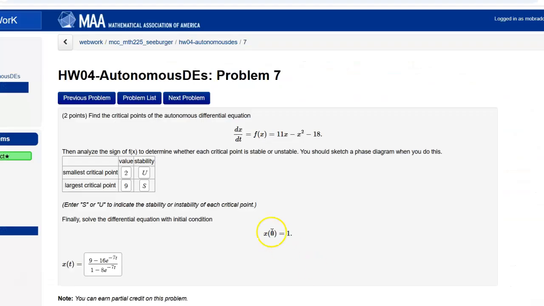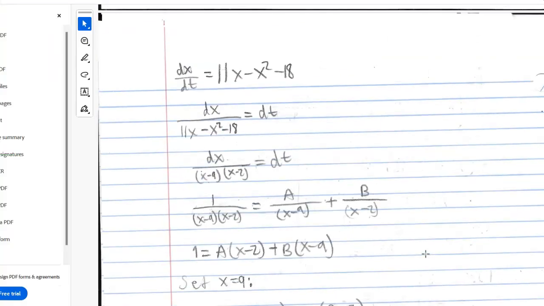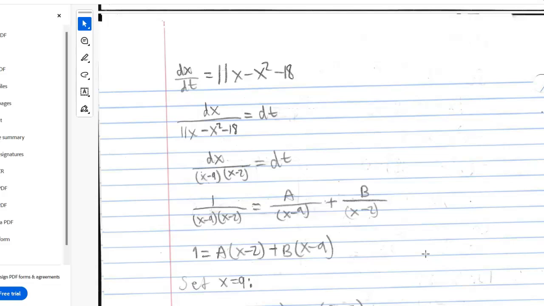Now that we found the critical points and their stability, we now have to solve the differential equation with the initial condition x of 0 equals 1. So here we take dx over dt equals 11x minus x squared minus 18 and separate the variables from one another.